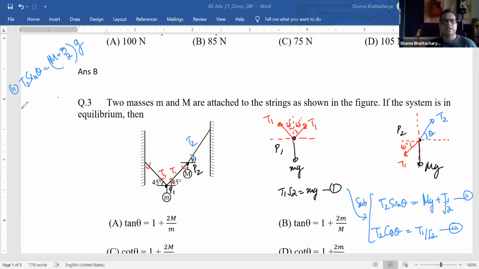Okay, and your third equation will become what, T2 cos theta is again T1 is mg by root 2, so m by 2 g. So now just divide the two equations. Equation 2 divided by 3, so you'll get tan theta equal to 1 plus 2 times capital M by small m.